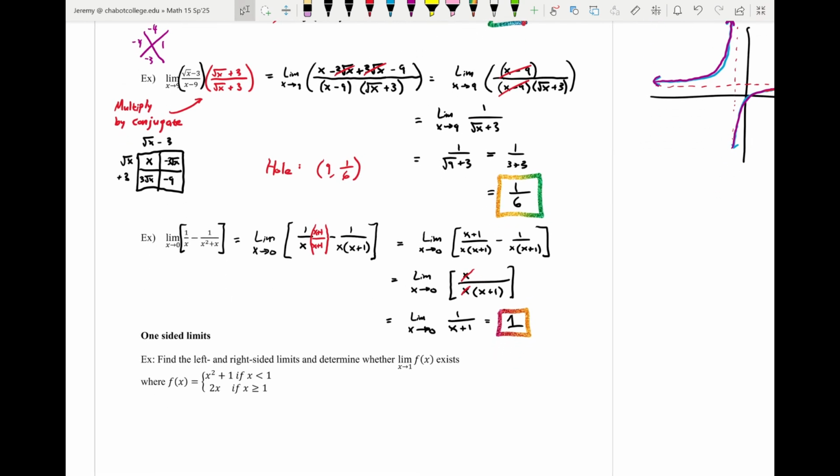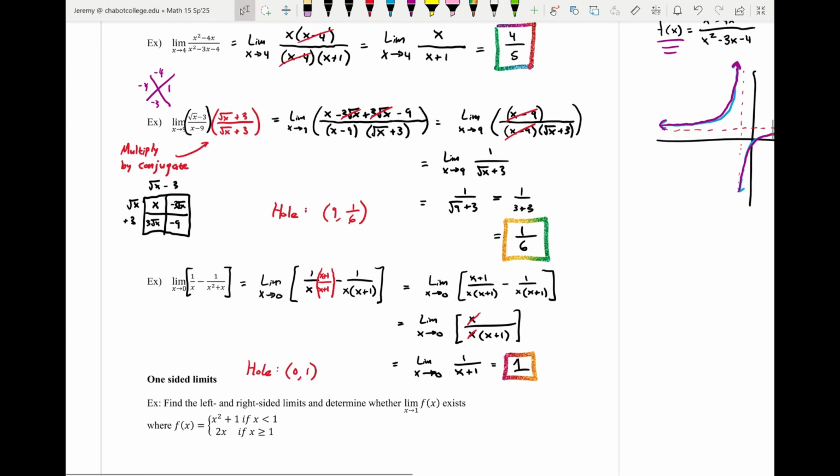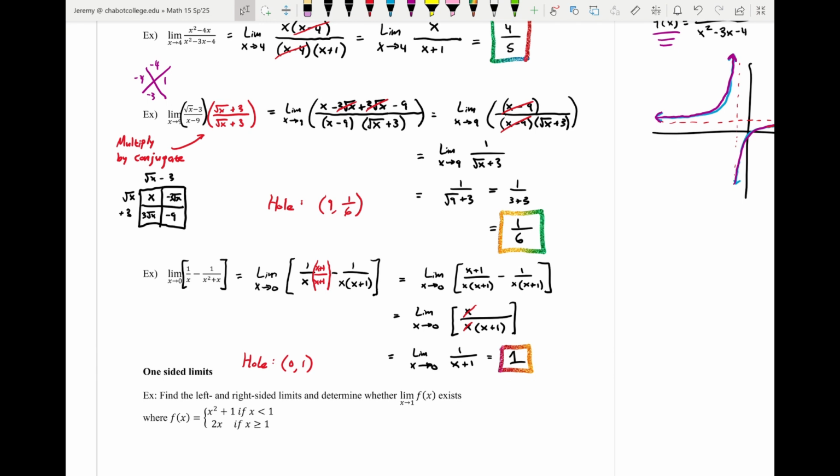And in the third example, we have a hole at the ordered pair (0, 1). All right, so you can graph each of these to verify this, but this is why the limit ends up existing. We still have the left and right limits equal to one another, and we can confirm that visually looking at the graph. There's just that hole that was preventing us from direct substituting in the first step.